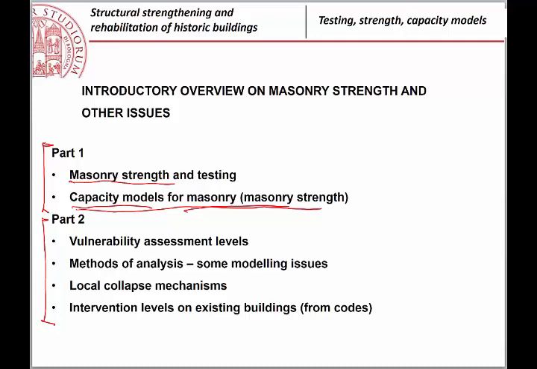And then when we talk about vulnerability, the main thing that we will have to consider separately is that one thing is the behavior of a masonry wall in its own plane, and a completely different thing is the behavior out of plane.